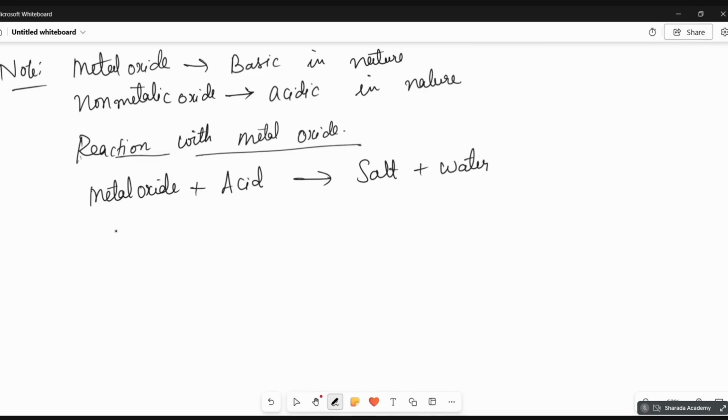Example, copper oxide plus HCl, we get copper chloride plus the water. So this is a salt plus the water.